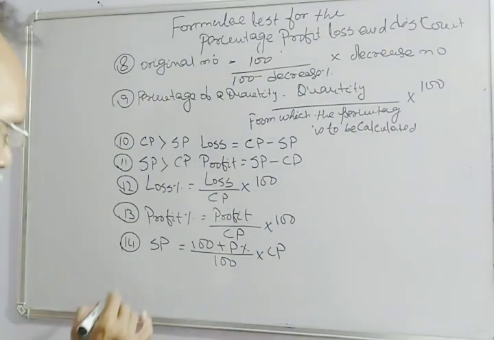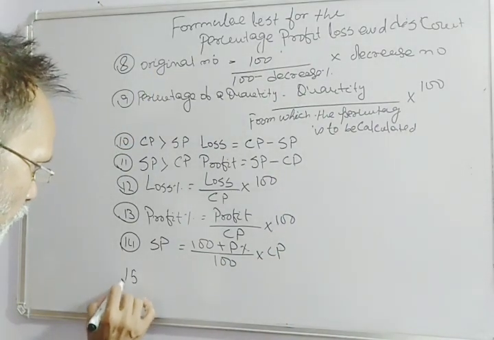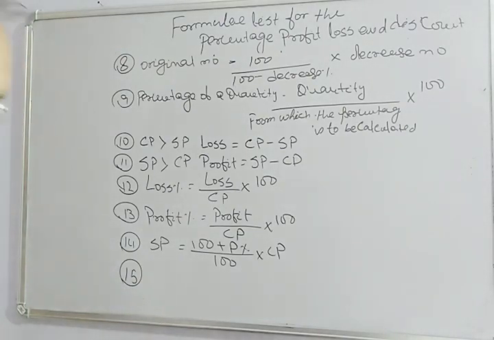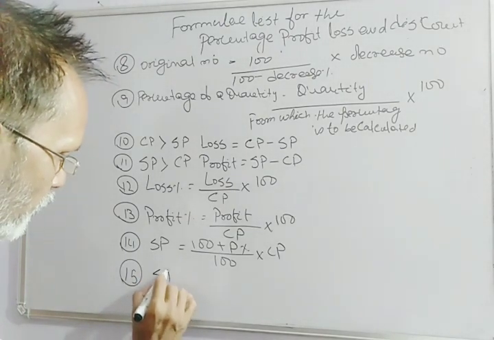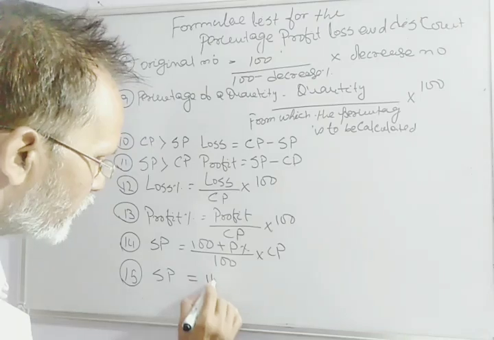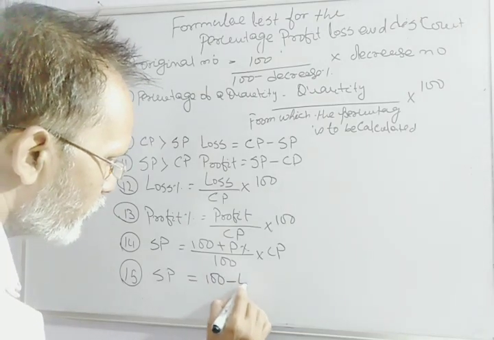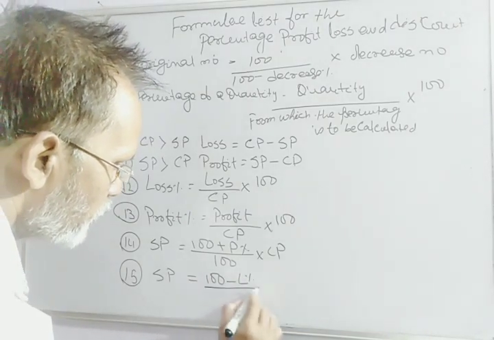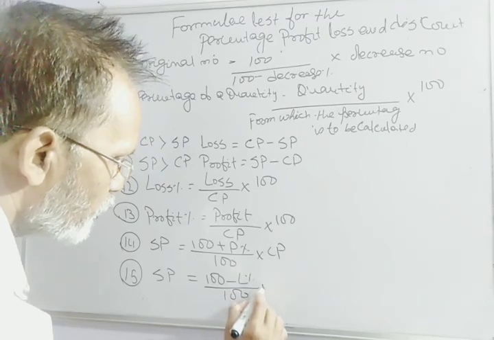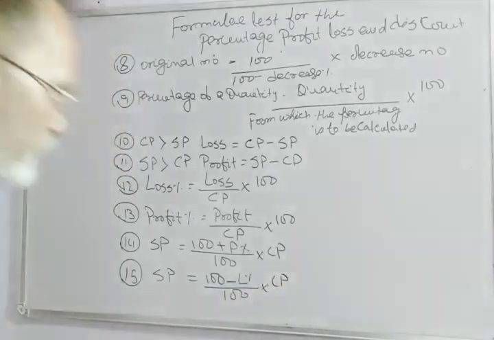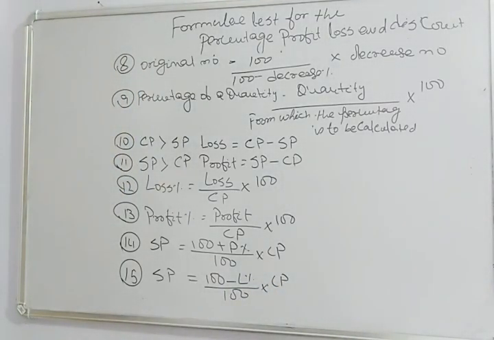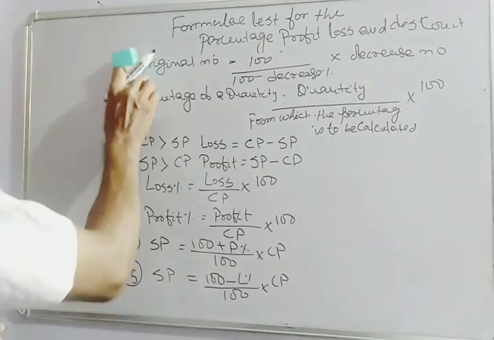Then to find out the selling price when loss percentage is given, that is 100 minus loss percent by 100 into cost price.